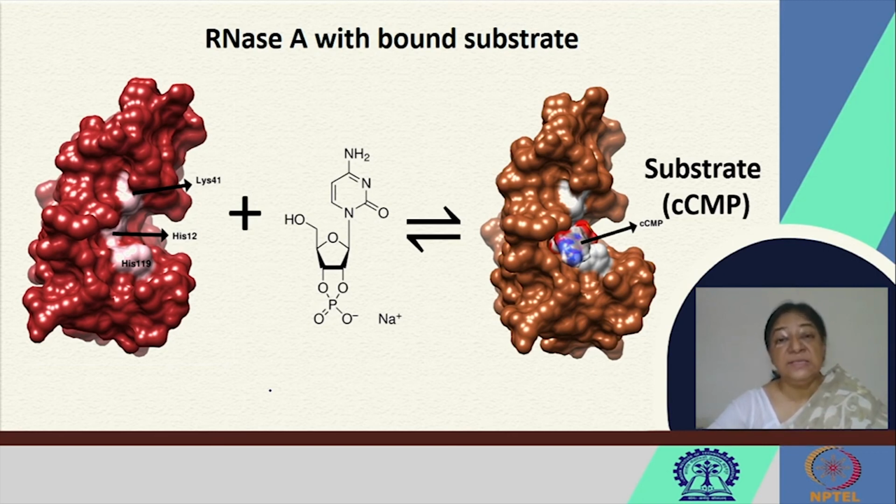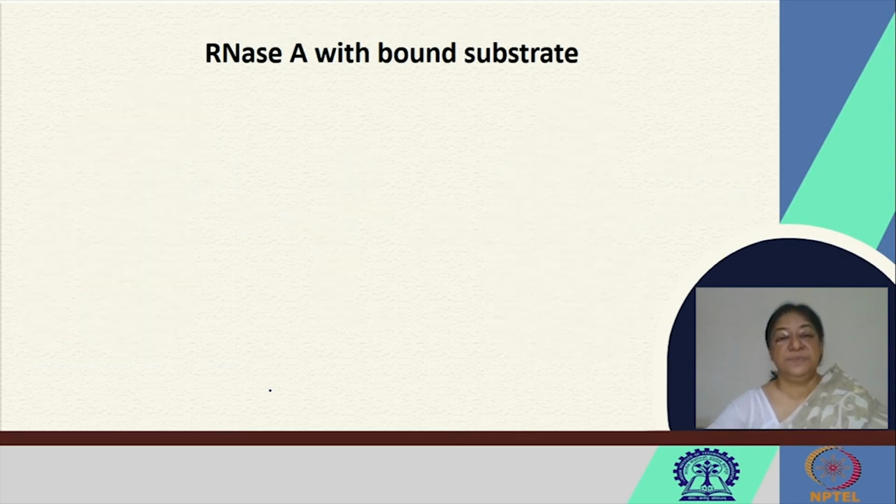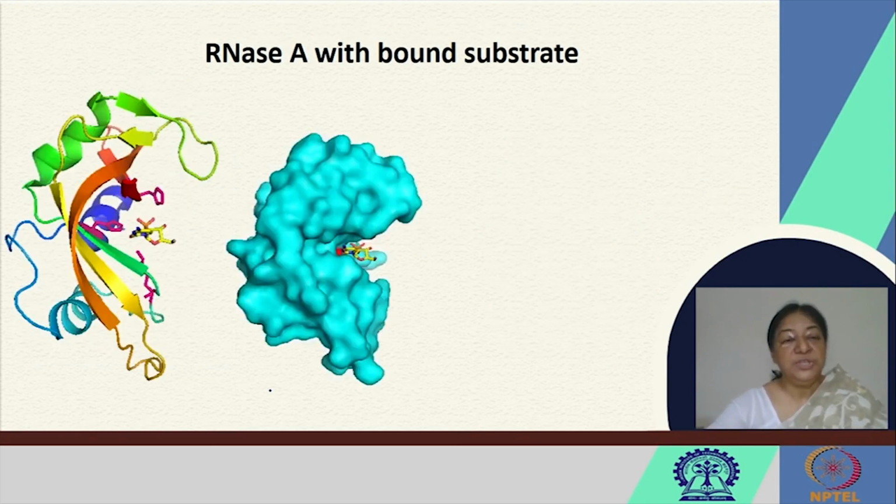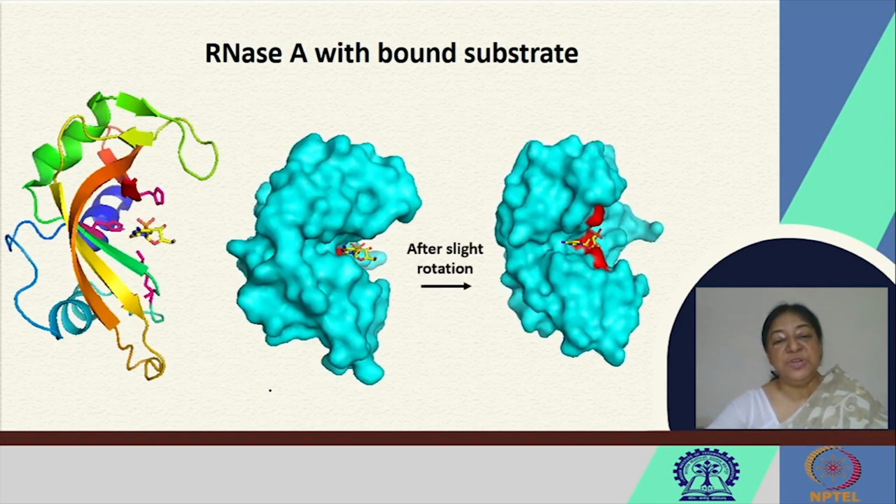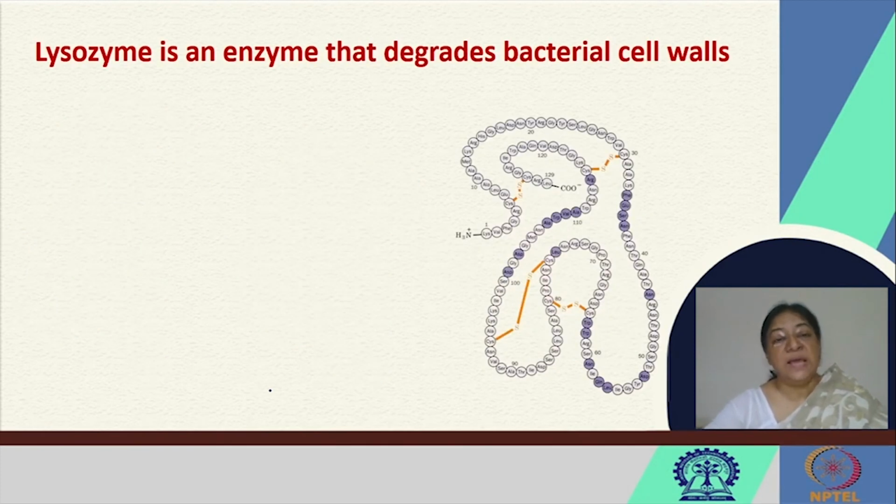And in the second step, their roles are reversed. So if we look at a picture of RNase A with a bound substrate, we can see how beautifully it fits into the cleft. The last example that we are going to do in this lecture will be lysozyme.